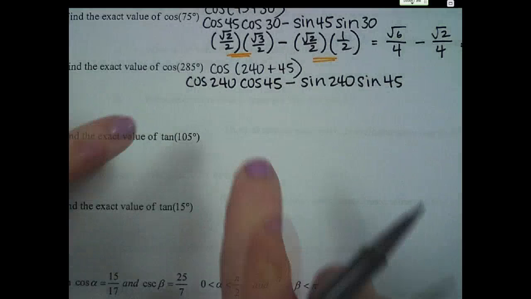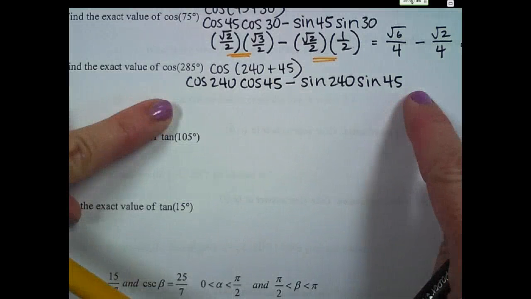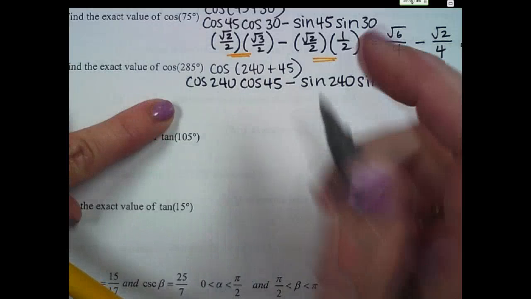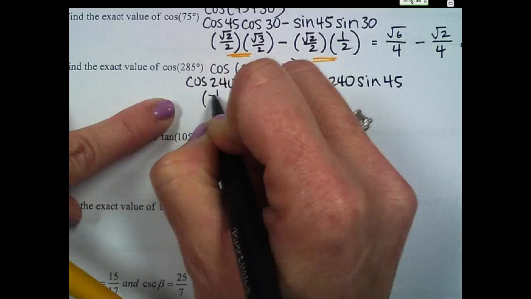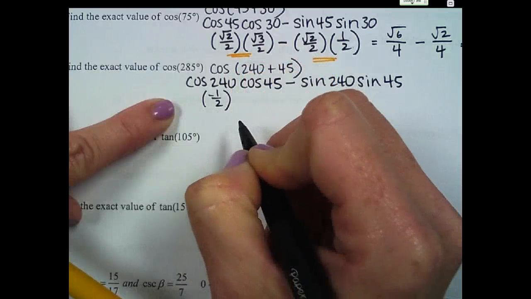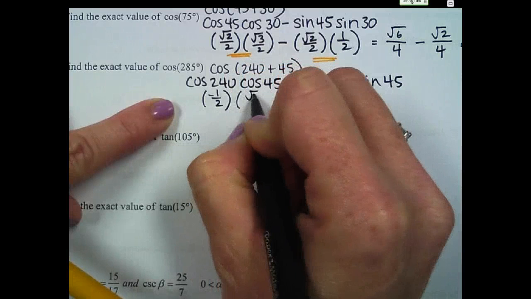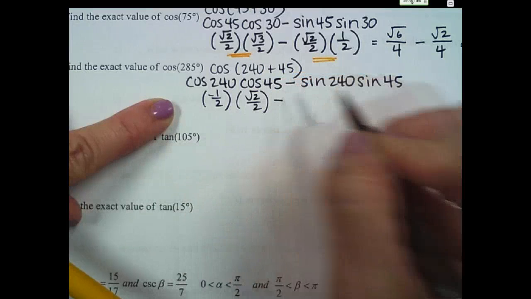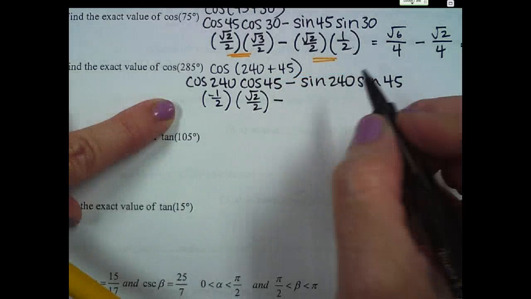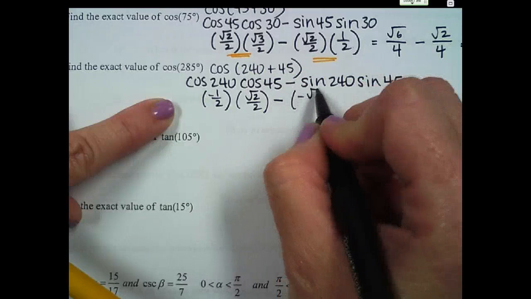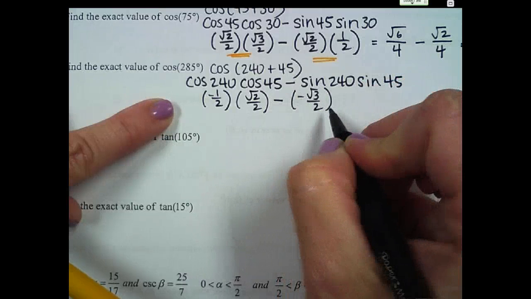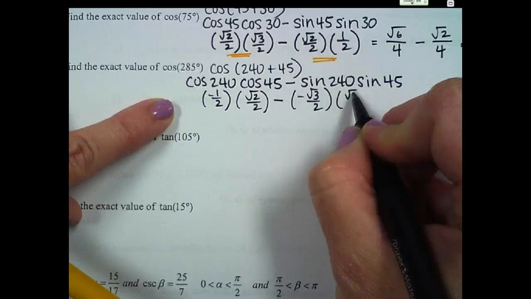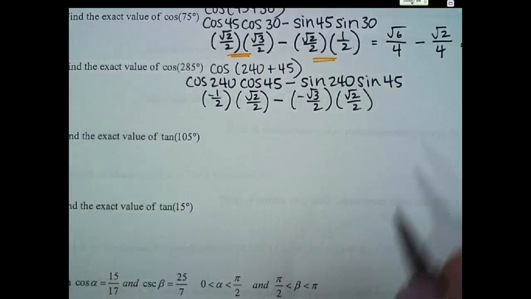And you find each value on your unit circle. So cosine of 240 is negative 1/2. Cosine of 45 is root 2 over 2. Sine of 240 is negative root 3 over 2. And sine of 45 is positive root 2 over 2. You have to watch your signs here.